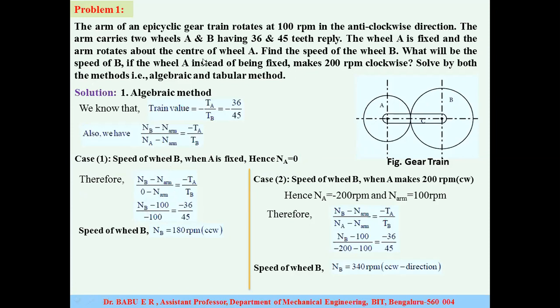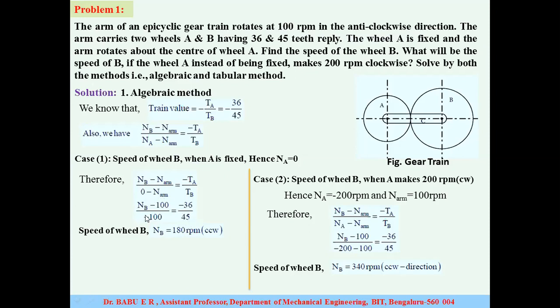The speed of the arm is given in an epicyclic gear train: it rotates at 100 rpm in anti-clockwise direction. In this section, I always take anti-clockwise direction as positive and clockwise direction as negative. So the speed of the arm is plus 100 rpm. So NB minus 100 divided by 0 minus 100 equals minus 36 by 45.